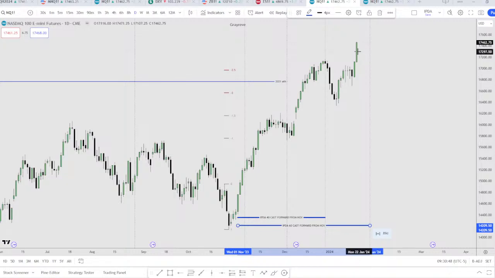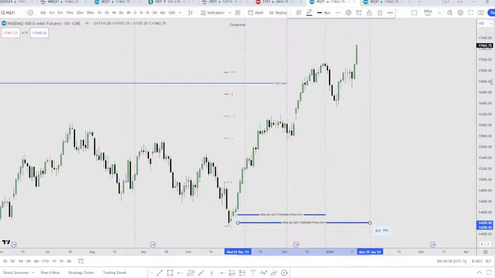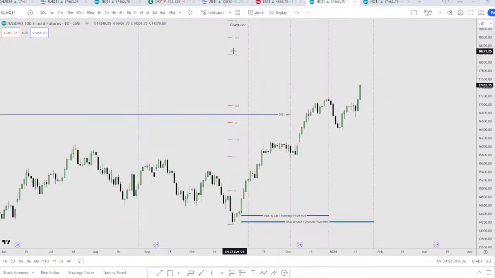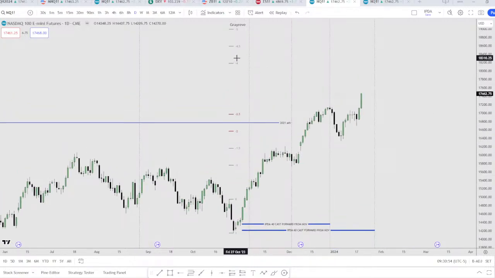Right, so I am assuming we're gonna attack this fourth standard deviation, okay, in the next week, and so on.